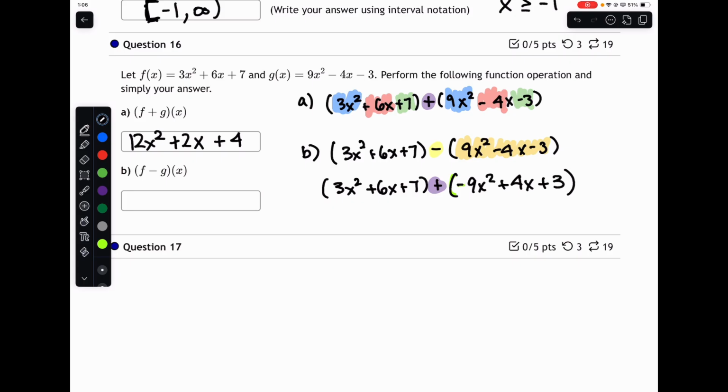And I'm now going to do the exact same thing that I did in example A. Add up all the like terms. So I'll add up my squares, add up my linears, and my constants. So we'll end up with negative 6x squared, 10x, and 10.